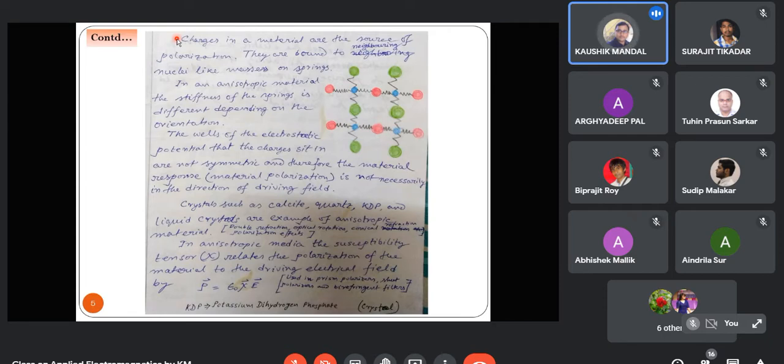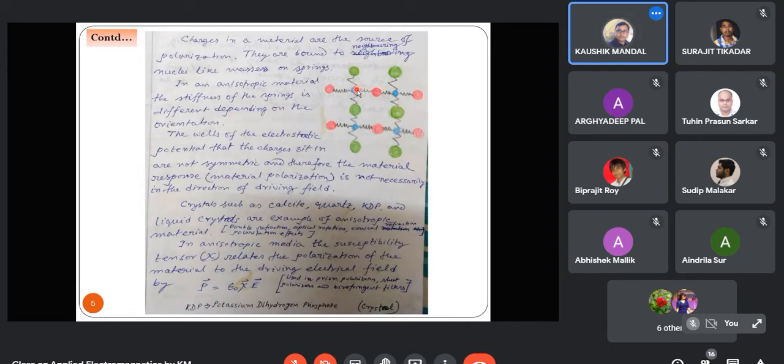Now these electric charges are bounded or connected to the neighboring nuclei. The blue color is representing the nuclei, and these are the electric charges. So the electric charges are connected to the neighboring nuclei like a mass on a spring.